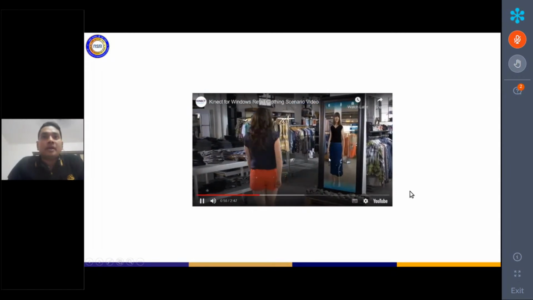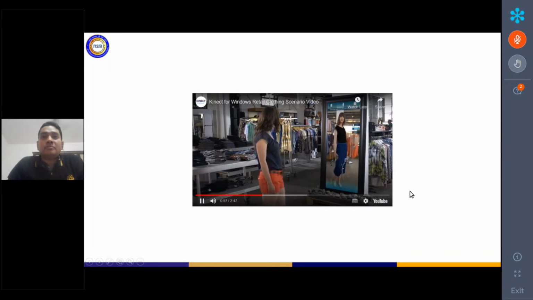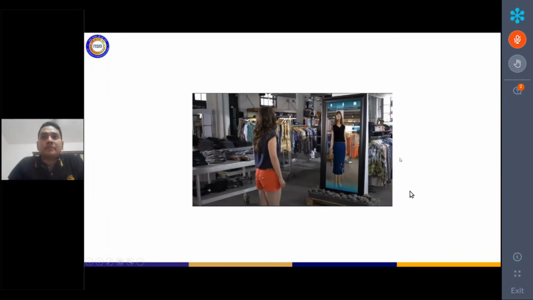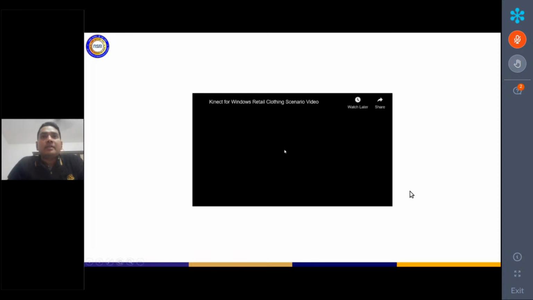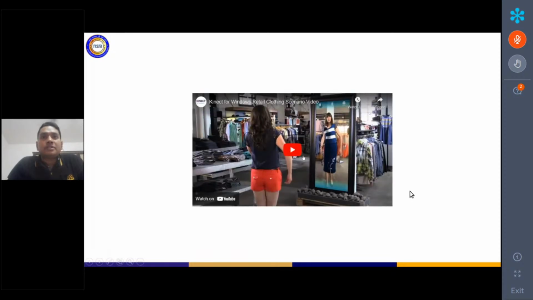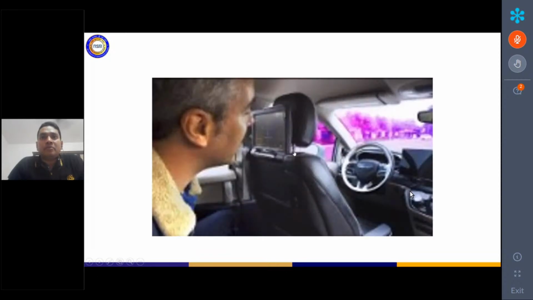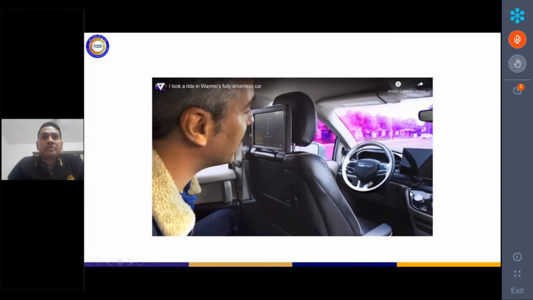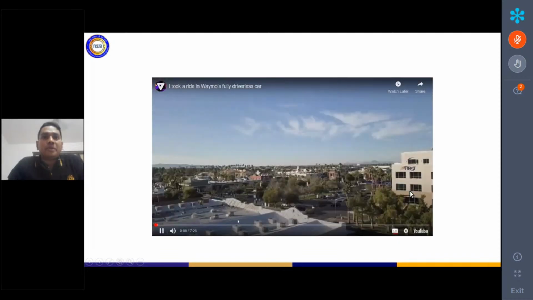So without even going into the trial rooms, you can have this seamless experience.